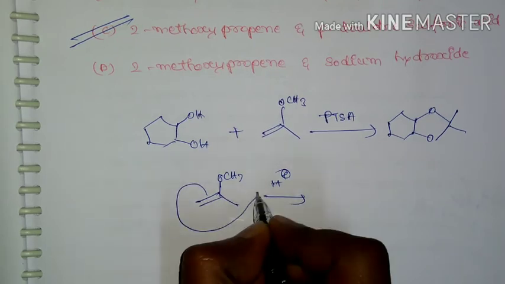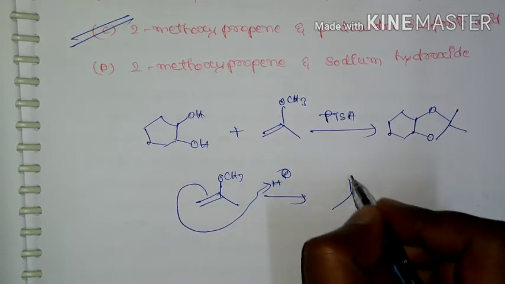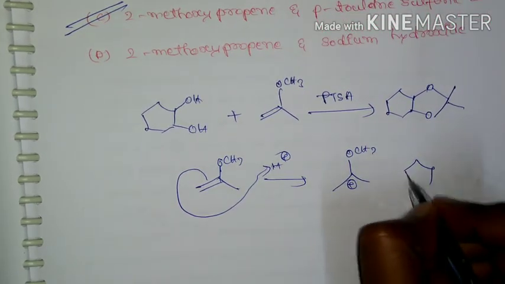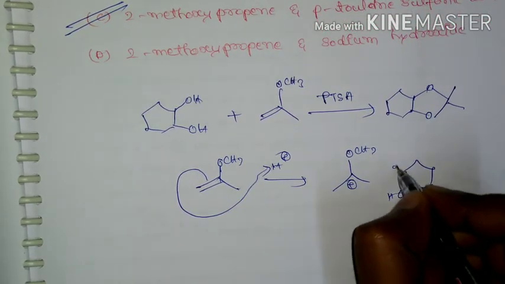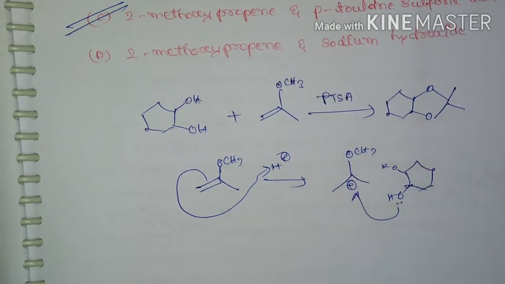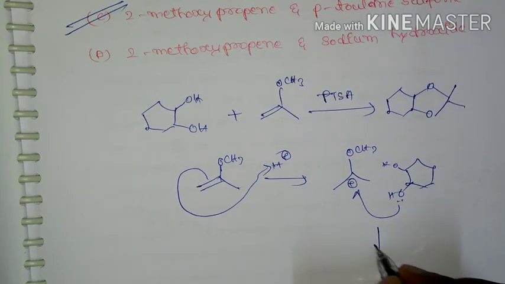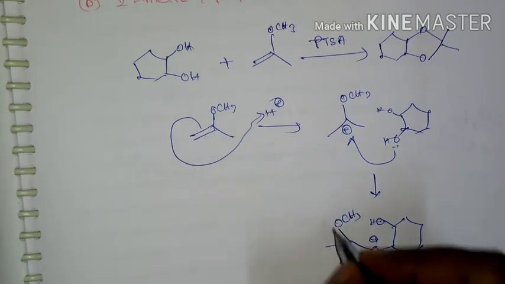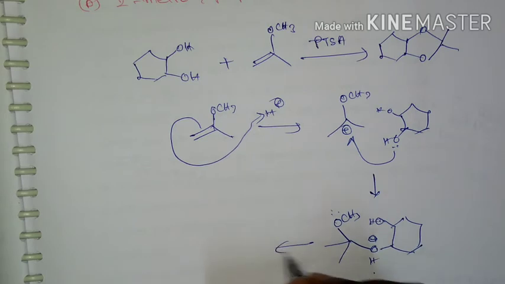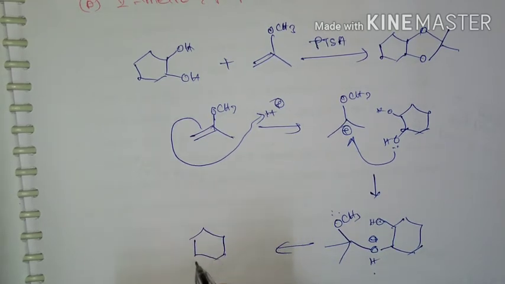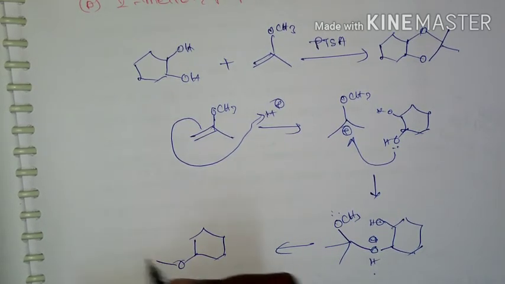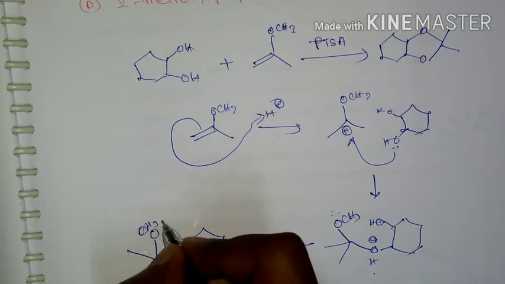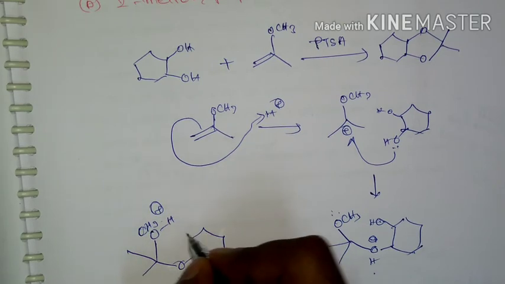this is going to form a carbocation. Now this carbocation gets attacked by the alcohol, and it is going to form an oxonium ion. So this lone pair will take up this proton, forming OCH3H plus.